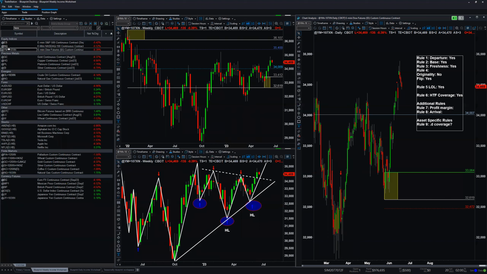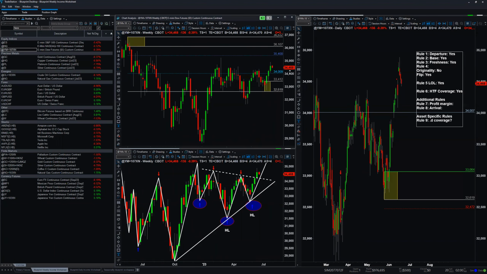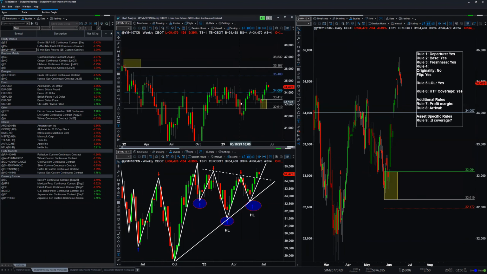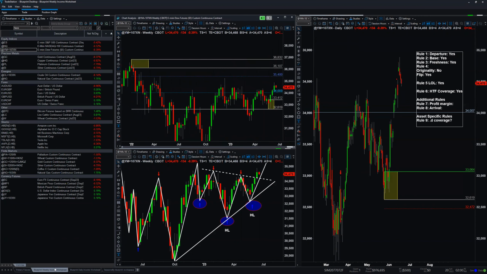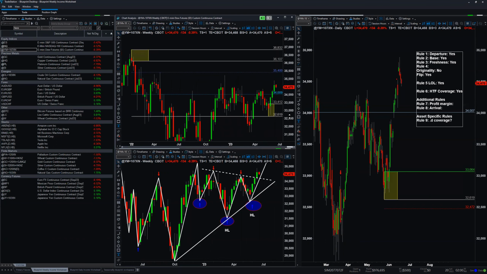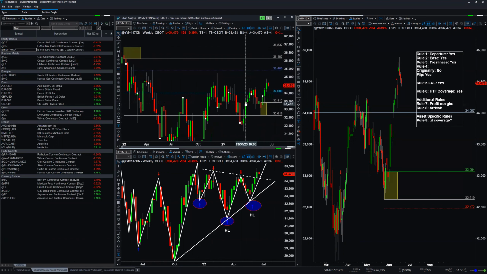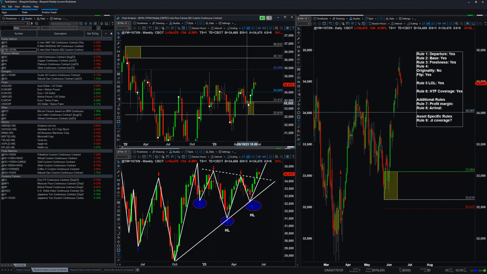Now, starting with the Dow Jones, you can see we already worked on it within our weekly income worksheet. And so that's also going to be part of your business, not just putting in new supply and demand zones and doing the analysis from scratch, but also updating charts that you've already done, right?